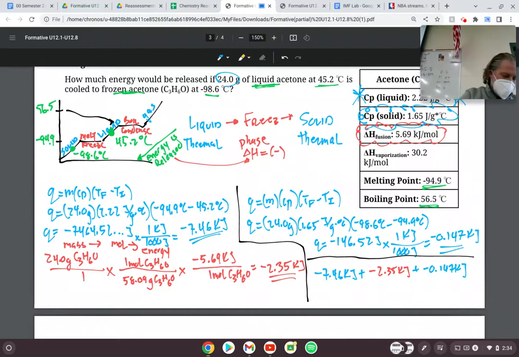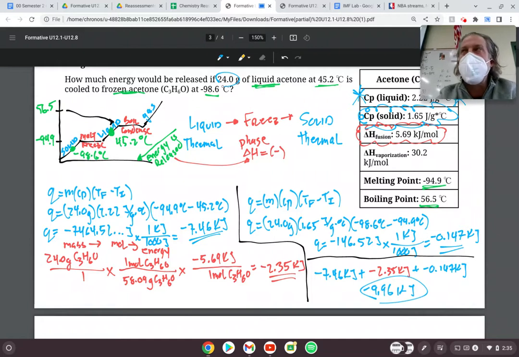So negative 7.46 plus negative 2.35 plus negative 0.147 with the appropriate number of significant figures becomes, I believe, 9.9. I think I calculated this something wrong here. So it becomes negative 9.96, I believe, kilojoules is your final answer. And we'll check that in a second. But that is the solutions to your practice quiz.